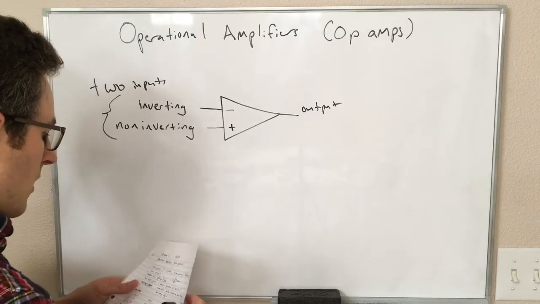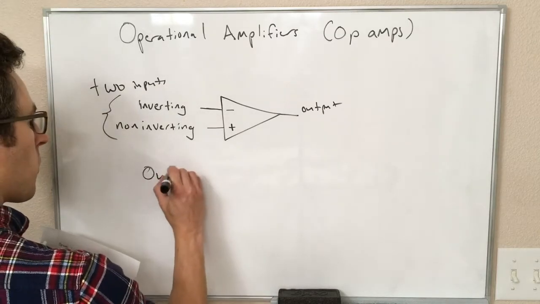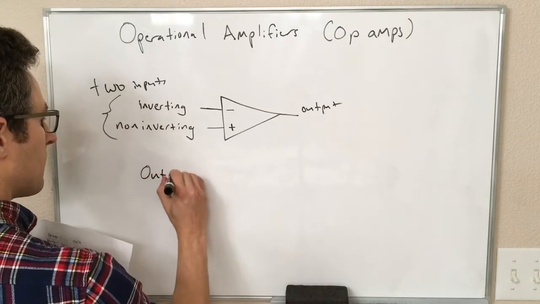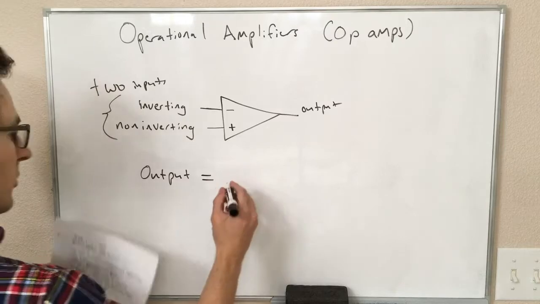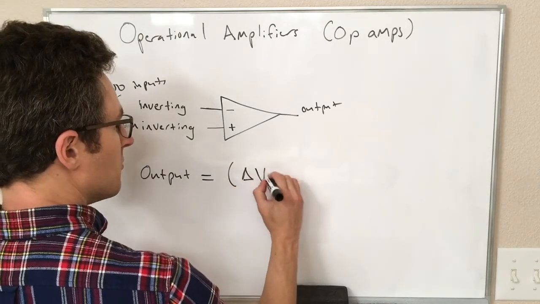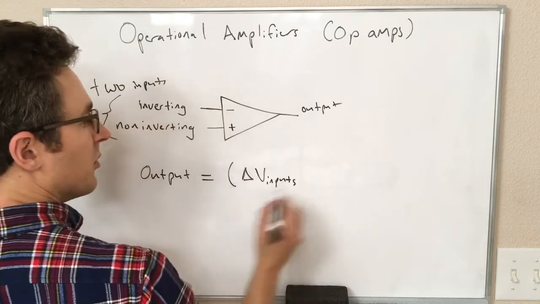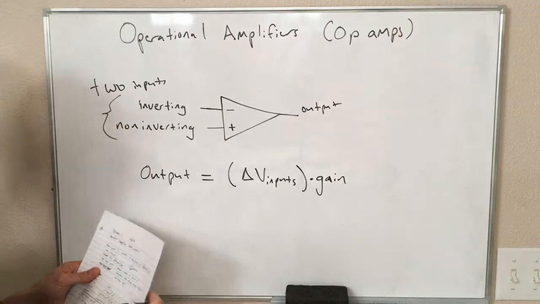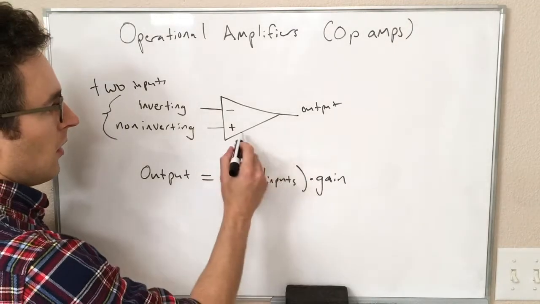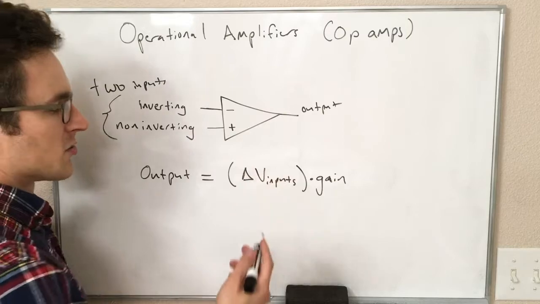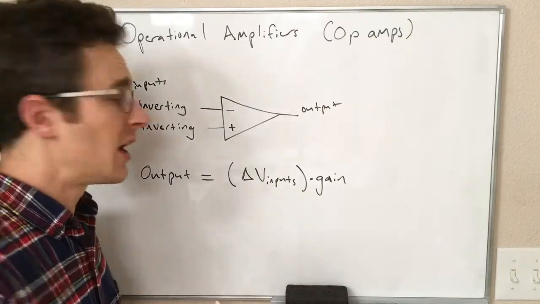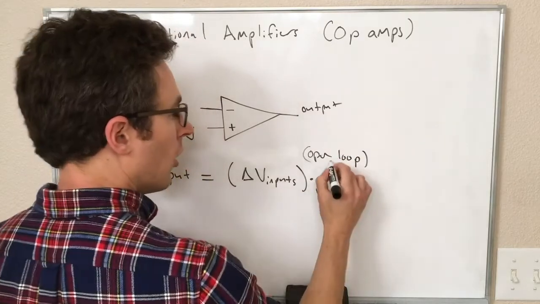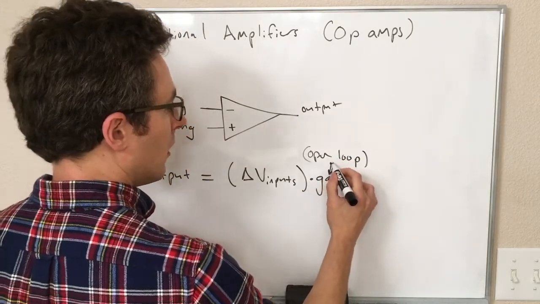And the equation that determines what's going on at the output is that the output voltage is equal to the difference between the two input voltages times the gain. And this gain of this component is really more appropriately called the open loop gain, for reasons we will see in a little bit. So this is the open loop gain.